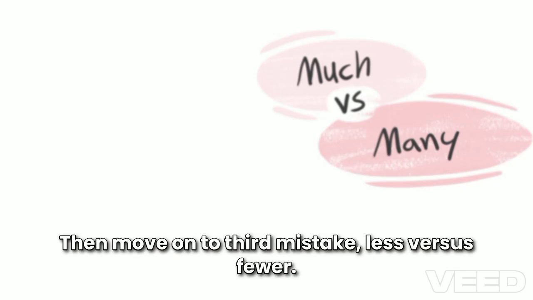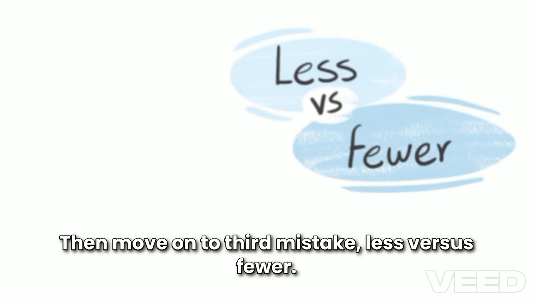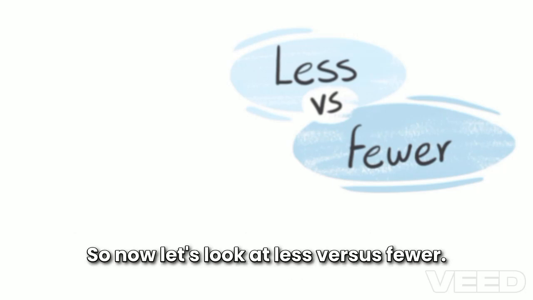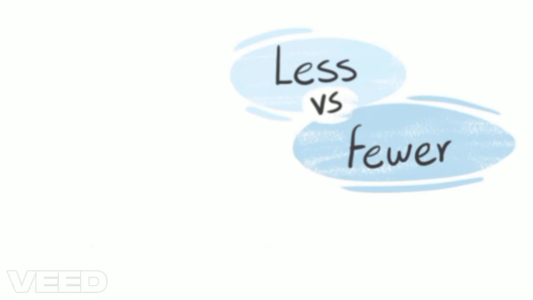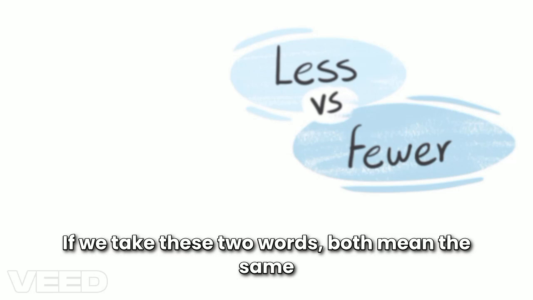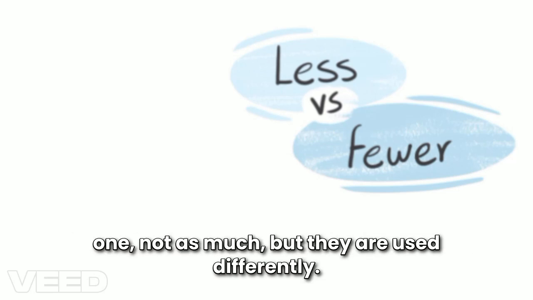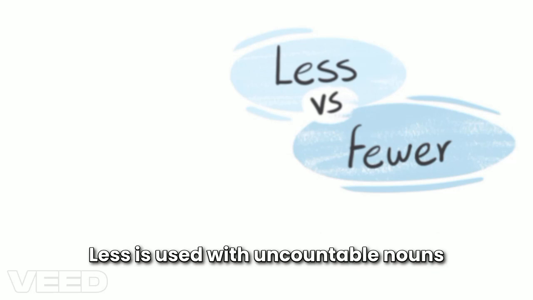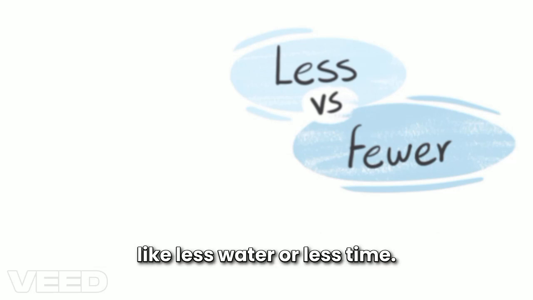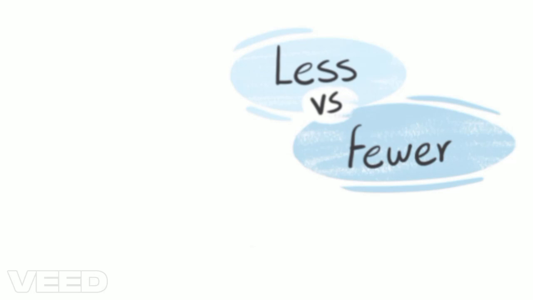Then move on to the third mistake, less versus fewer. If we take these two words, both mean not as much, but they are used differently. Less is used with uncountable nouns like less water or less time.